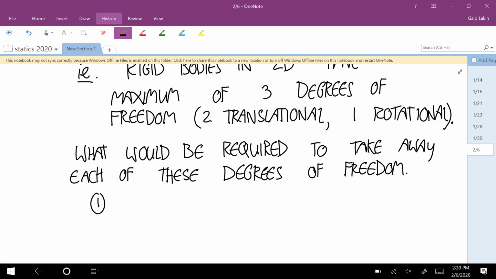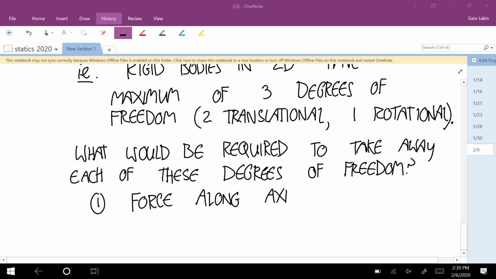Say you tried to translate this object along this axis and it wouldn't move. That means that something else is applying a force along that axis that counteracts whatever you're doing to it. So if the right force was applied along the axis, that would take away the object's ability to be translated along that axis.